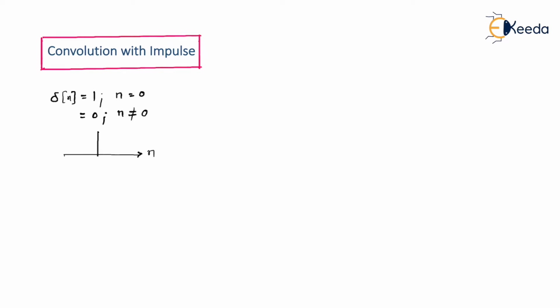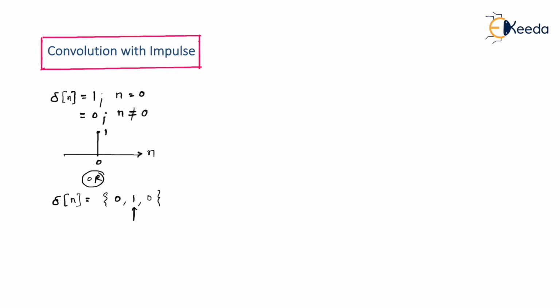On x-axis we have n. At n equal to 0, we have an amplitude equal to 1. Or in sequence form, it can be written as del of n is equal to 0, 1, 0. At n equal to 0, it is having an amplitude equal to 1.